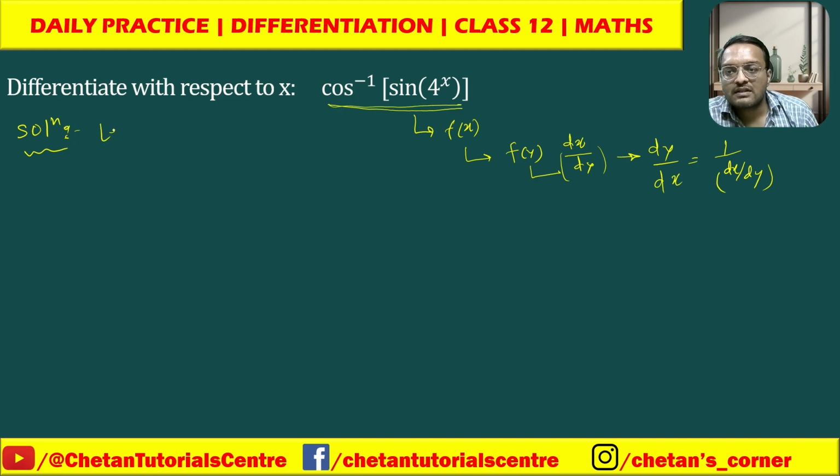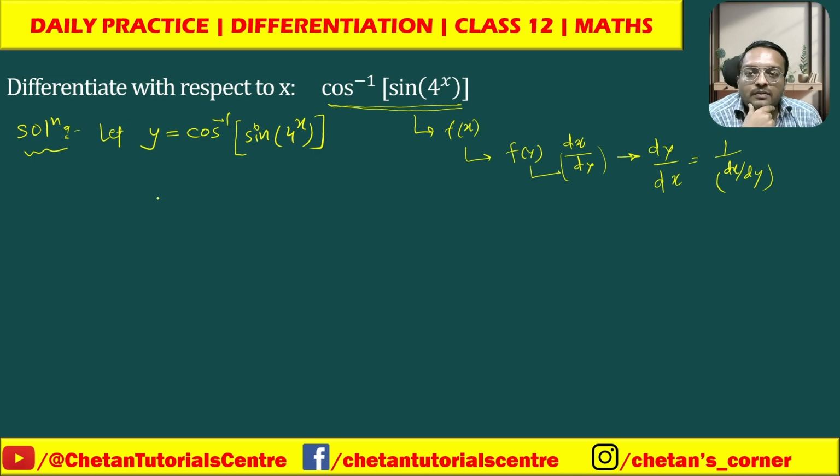So the first step is we will assume this given function as y is equal to cos inverse of sine of 4 raised to x. Now here you can see that we have cos inverse and here you have sine.